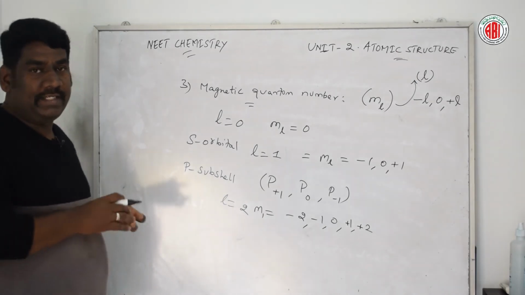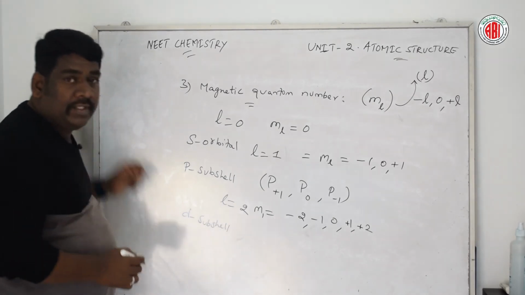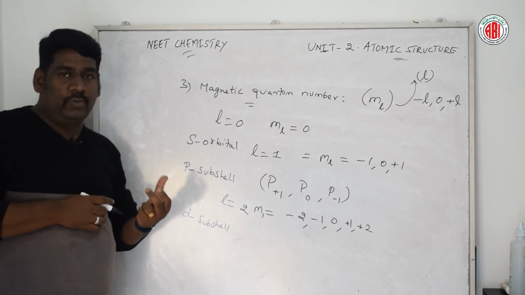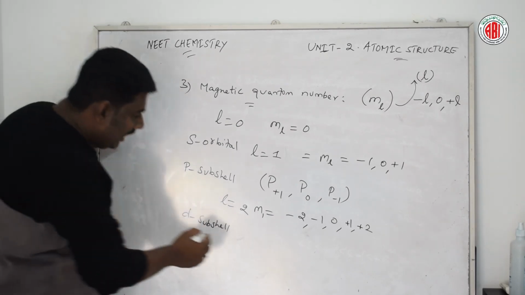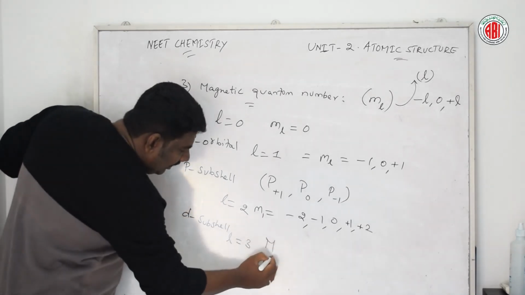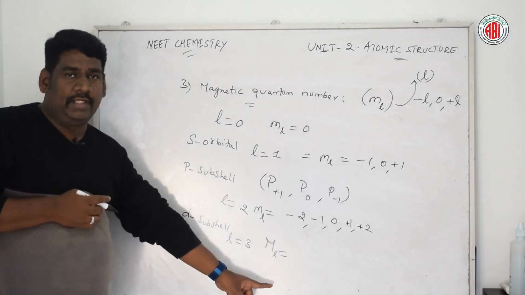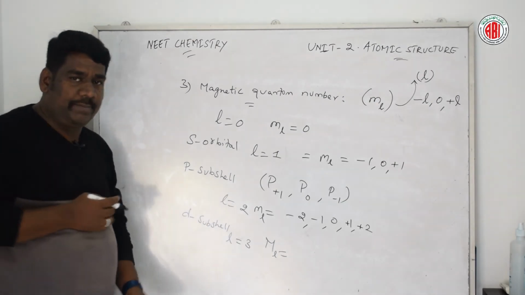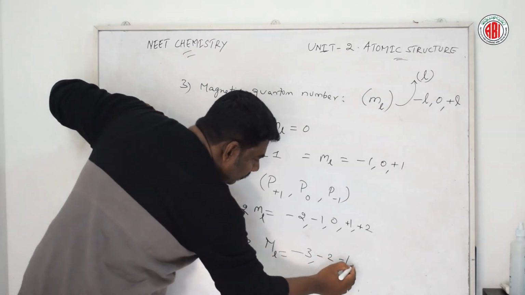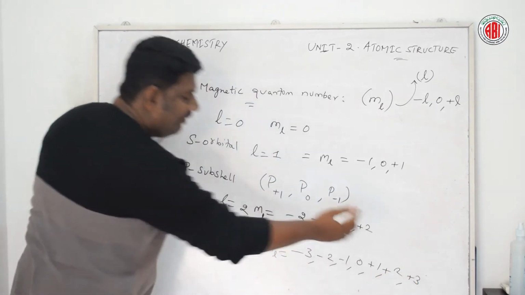Similarly, talking about the d subcell or d orbitals, the d subcell contains 5 orbitals, and these could be expressed in the form of ml values. If we consider L equal to 3, then ml is equal to -3, -2, -1, 0, +1, +2 and +3. In that way we can express it.